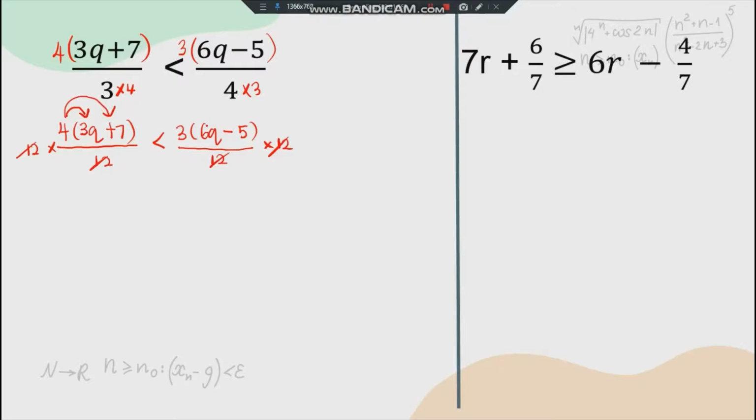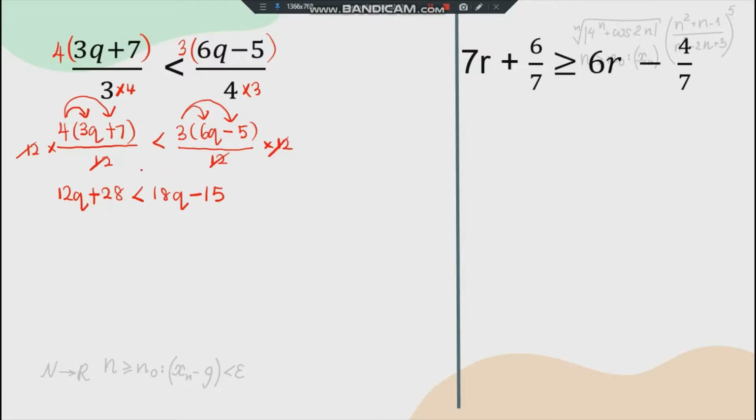So we multiply 4 inside the bracket and 3 also inside the bracket. 4 times 3q, we will get 12q. 4 times 7 is 28, less than 3 times 6q, it is 18q. 3 times minus 5 is minus 15. So we solve the numbers first, which is plus 28.